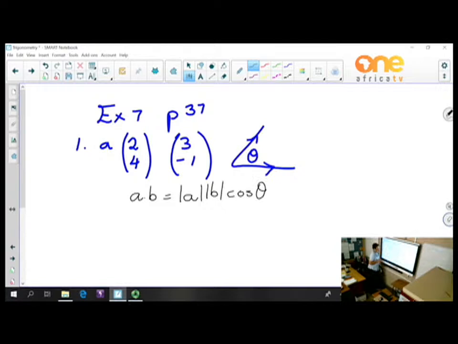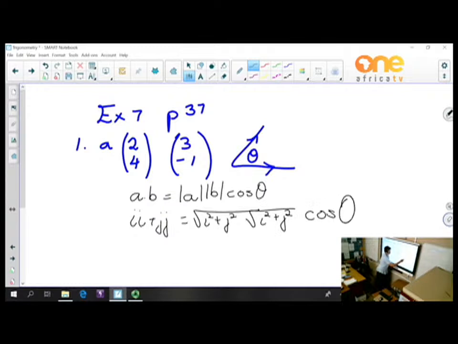There's that one. So what does magnitude mean? i·i plus j·j is equal to the magnitude of i squared plus j squared times the magnitude of i squared plus j squared, cosine theta. Finding that angle there.